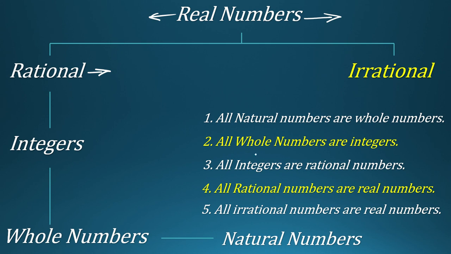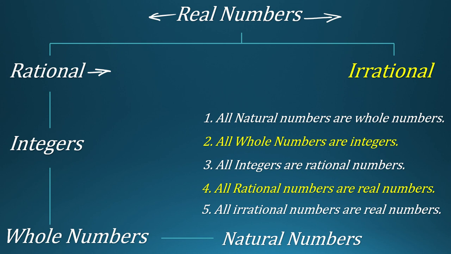Like many examples I have told you, square root of 3 is an irrational number and it is a real number also. But 4 is a real number, but 4 is not an irrational number. You understand these things? If you have any problem in any statement, you must write in the comment.